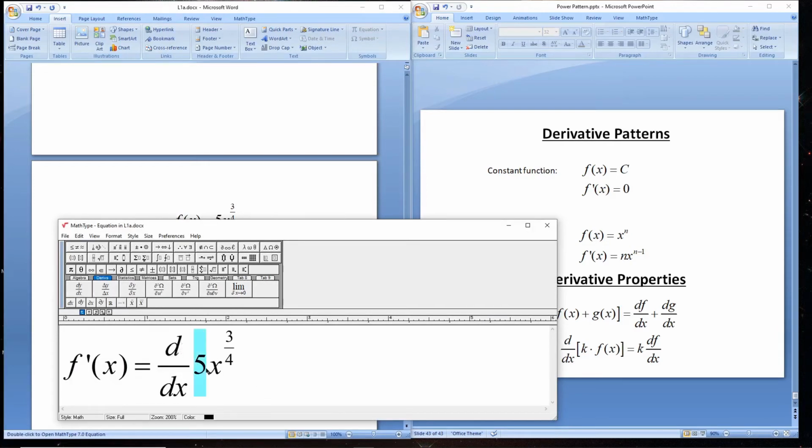We're going to take the derivative of this. 5 is a constant factor, so we can pull it out of the derivative. And here's our power function. When we take the derivative, the 3/4 will drop down. And then we subtract 1 from the exponent. And 3/4 minus 4/4 is minus 1/4.